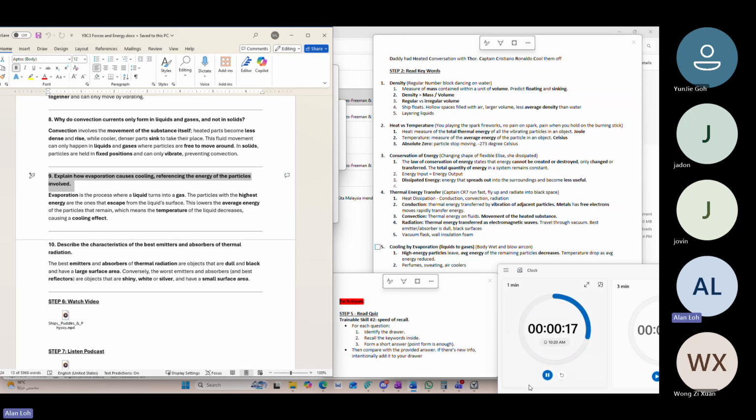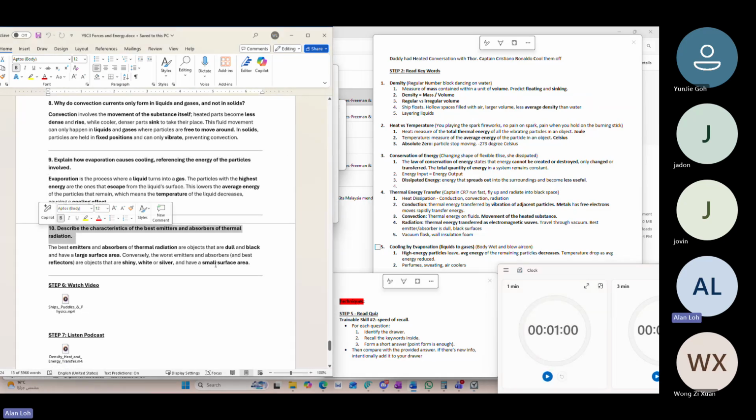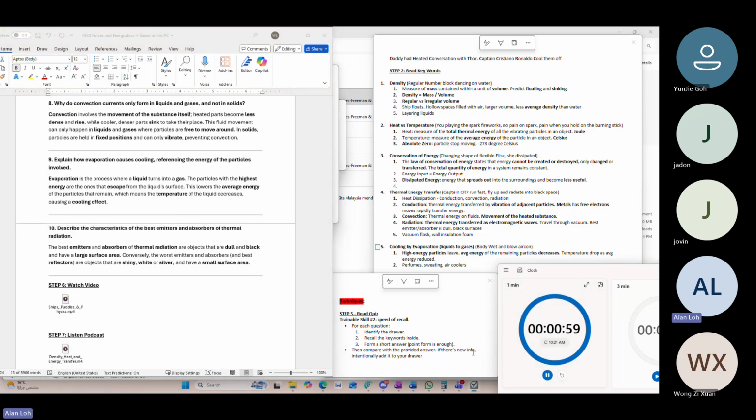Number 9 is drawer 5. Okay, number 10 is not drawer 5. You read and tell yourself and answer it. Which drawer? And then continue.